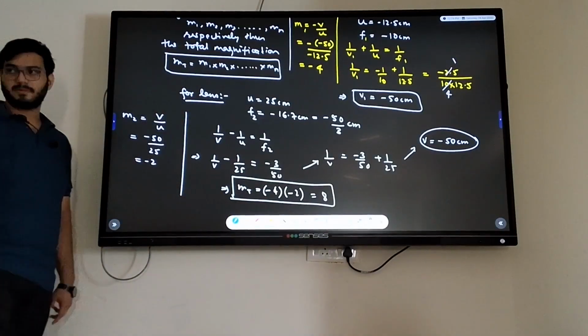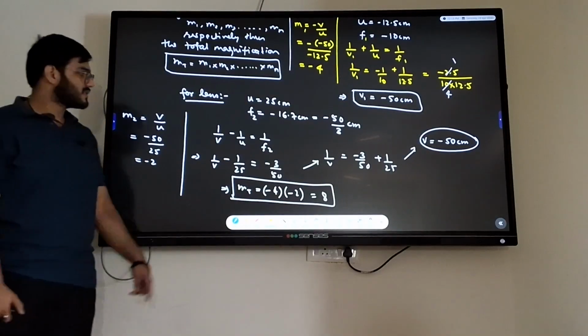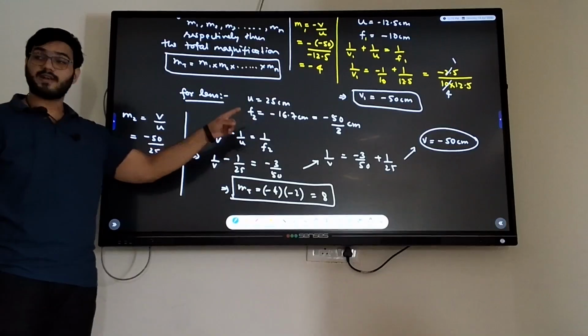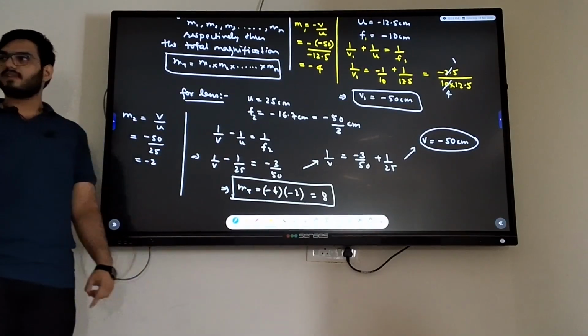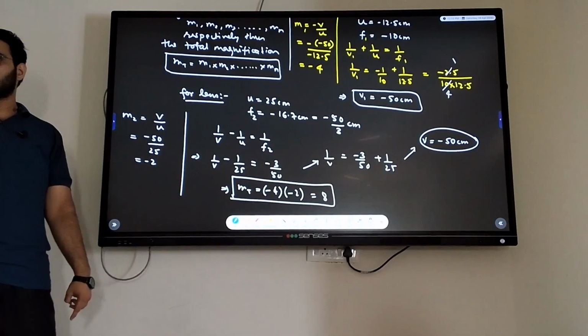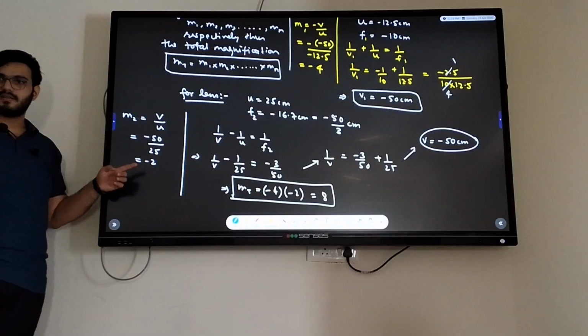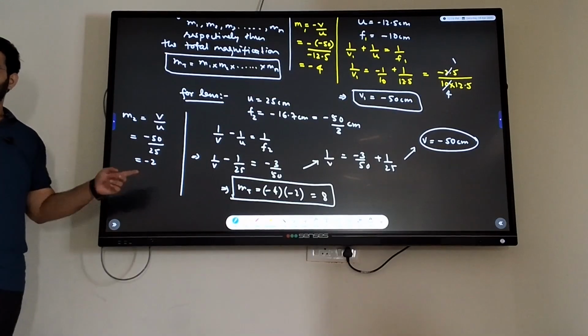We found one very interesting thing that some people from other classes pointed out. This is a concave lens, no? Concave lens where there is only a possibility of a diminished image. You never find magnified images. But what is the magnification that we are finding? Minus, take the mod, what will you get?